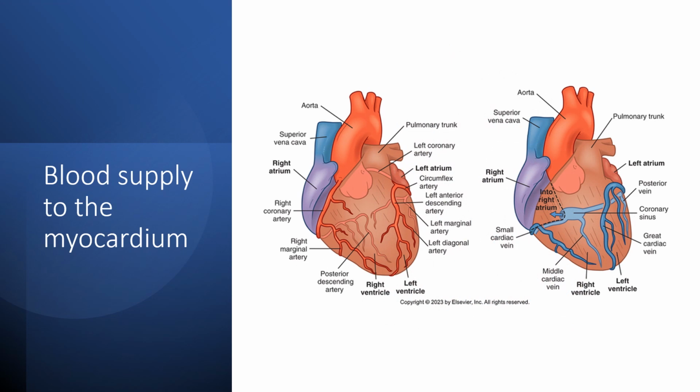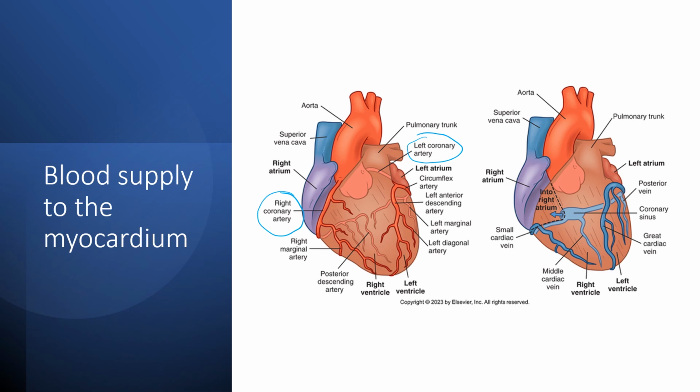So as we mentioned before, the myocardium of the heart has its own blood supply. The vessels that supply oxygenated blood to the myocardium are called the coronary arteries. For the purposes of this course, you are not required to know the different names. The only thing to understand is we have a right coronary artery and we have the left coronary artery.